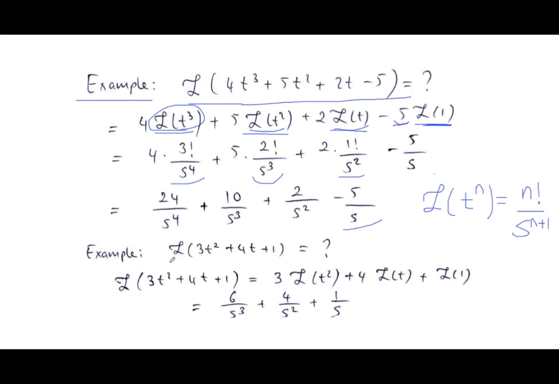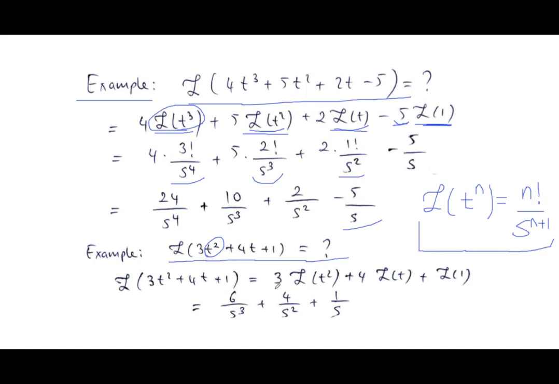Let's consider one more polynomial for practice. You see we have a quadratic expression, but one more time we will use this general result for the powers of t. If we have t squared, that's going to be equal to 2 factorial divided by s cubed.